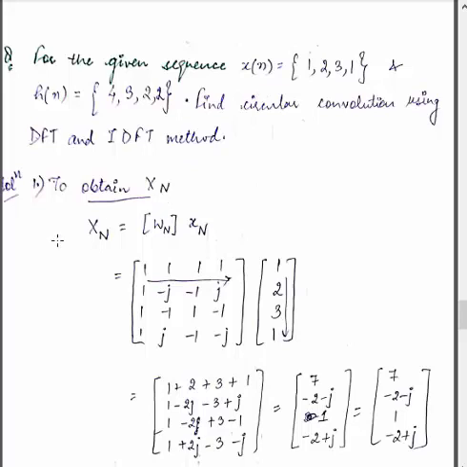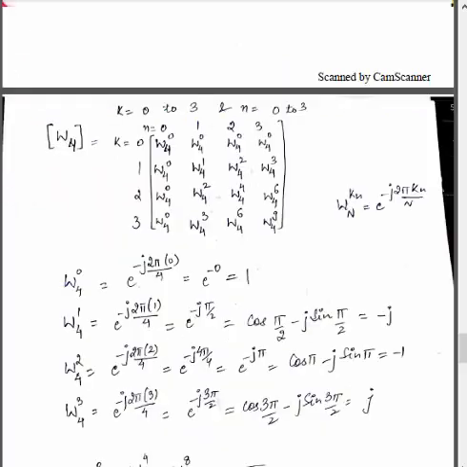The formula of DFT in matrix form is X of k equals the twiddle factor matrix times x of n. Since x of n and h of n have 4 samples, N is 4, so the twiddle factor matrix is 4 by 4. The twiddle factor W_N raised to power kn is equal to e raised to power minus j 2 pi kn over capital N, where capital N is the N-point DFT.